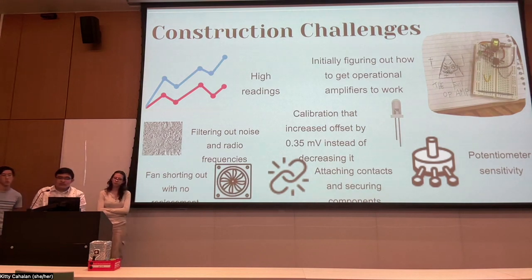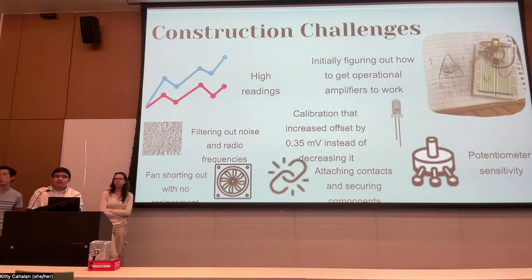Another one of the construction challenges was filtering out noise and radio frequencies. As mentioned before, the radio frequency can interfere with our gradient condenser, and applying aluminum foil with either electrical tape or hot glue would prevent those frequencies.